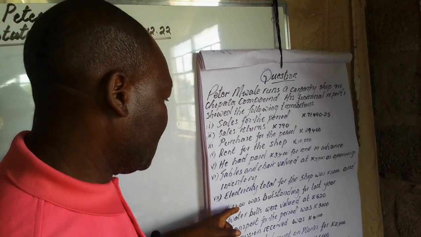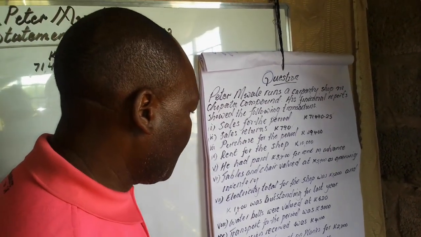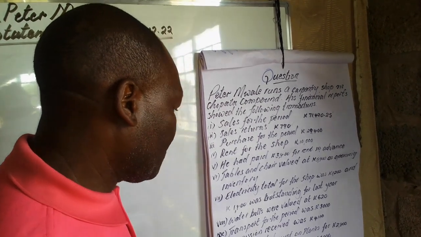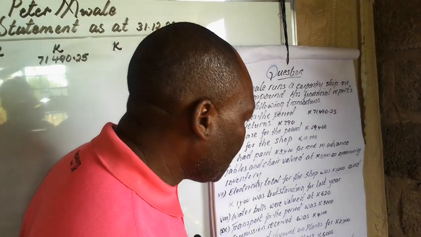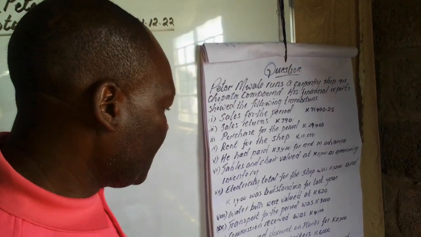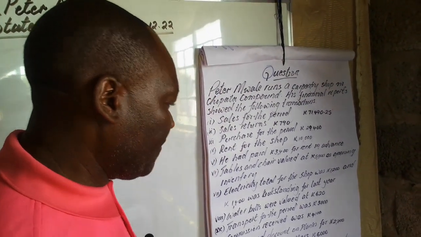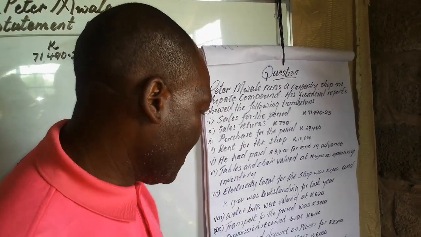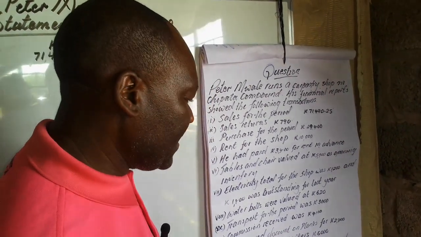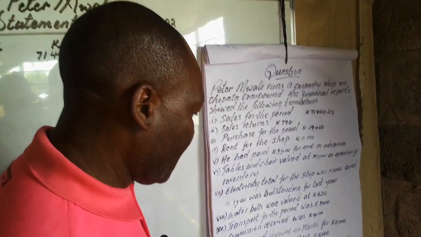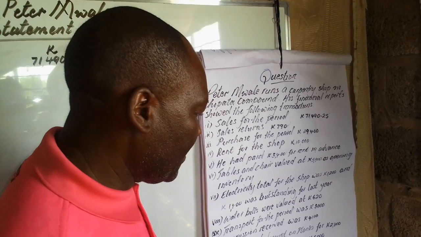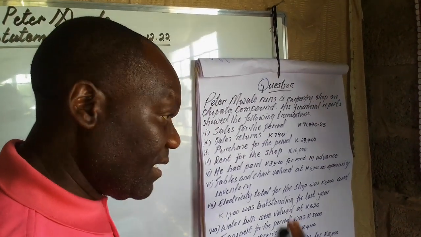So you can see outstanding, owing. Water bills were valued at 620. Transport for the period was 3,000 kwacha, and the commission received was 4,100. He received a discount on planks for 2,800. Salaries for the workers 6,000. Then the question goes on.